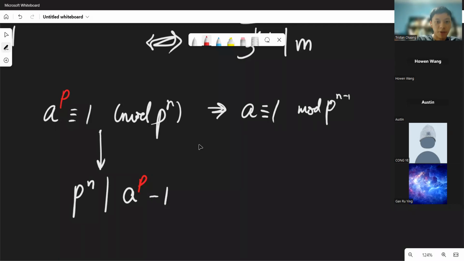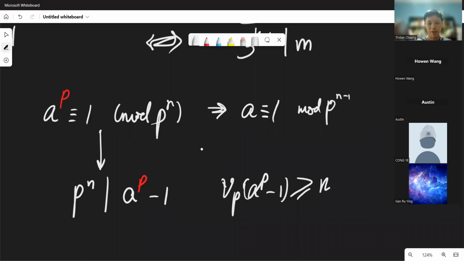We can write this in vp form, right? Yeah. So vp of a to the p minus 1 is greater than or equal to n. So your vp of a to the p minus 1. So the question remains, are we allowed to use LTE? Why or why not?